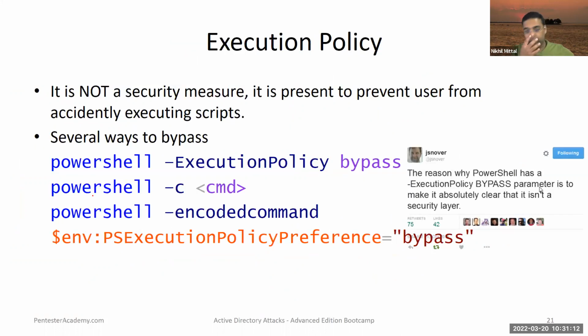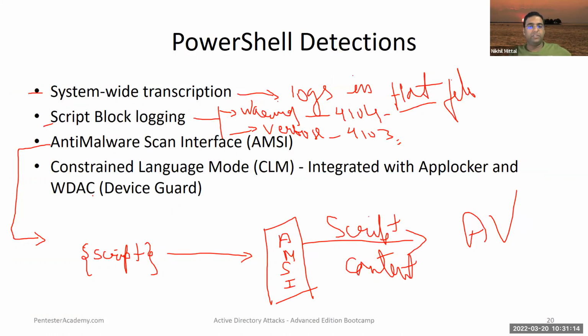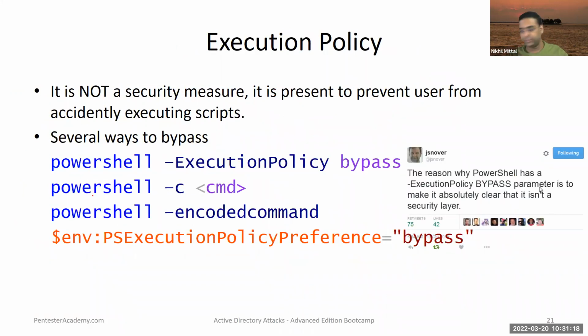All right. Now, these were some security controls or enhanced logging mechanisms. Something that is not a security measure or an enhanced security control is the execution policy. Please never ever think of execution policy as a security control. There are several ways to avoid it even without having admin privileges.